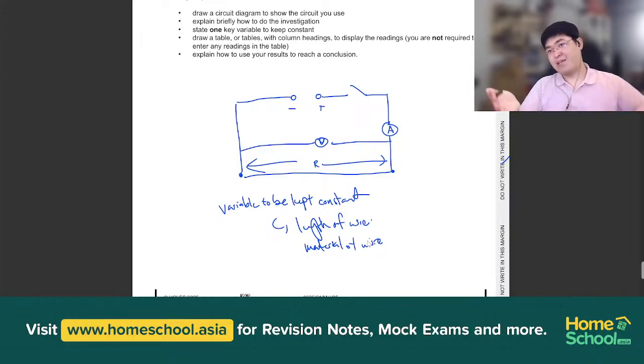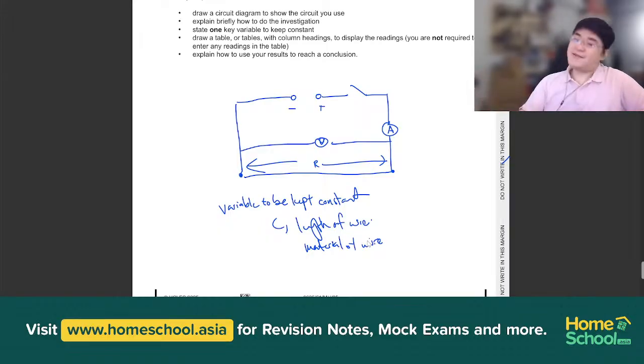It scrambles the entire experiment, so please take note of that. The next thing you want to keep constant is the potential difference across this whole experiment. It is nicer if this is 12 volts and we keep it that way. So every single wire is given 12 volts and you don't have to change the voltmeter reading at all.